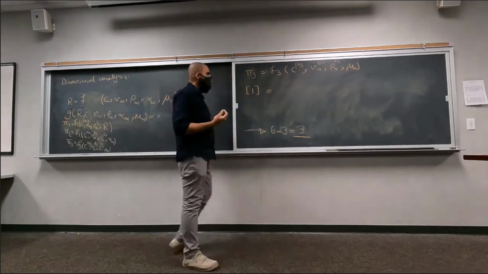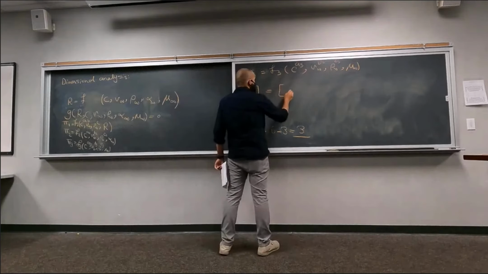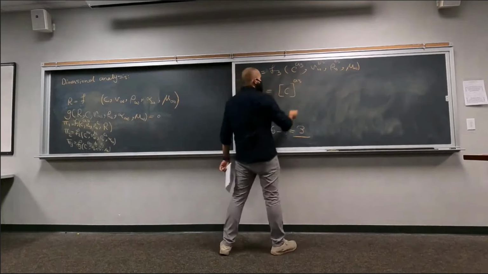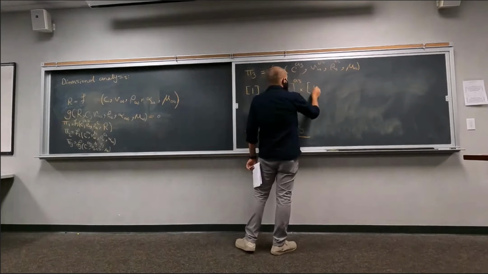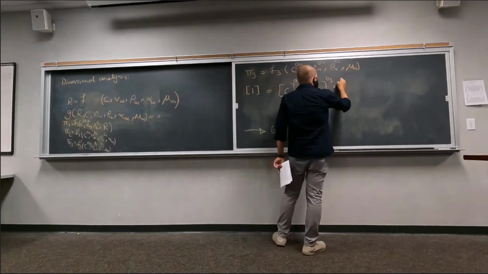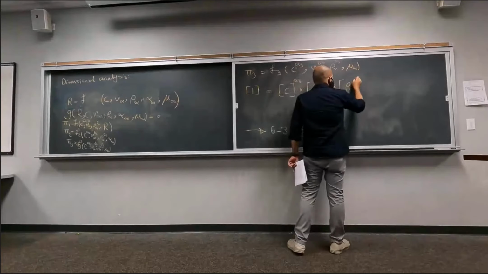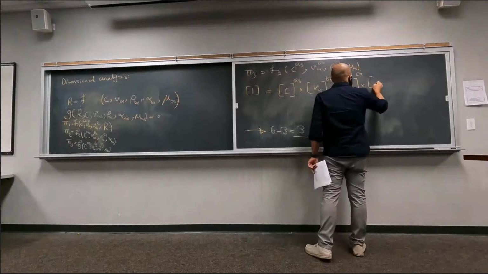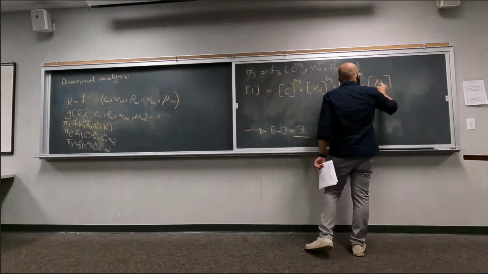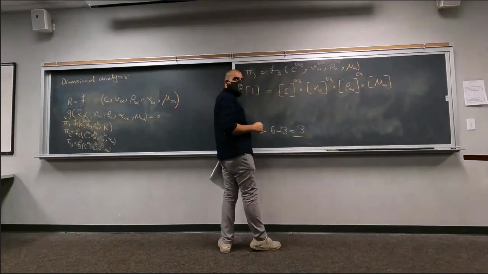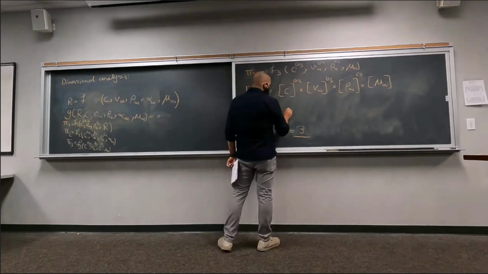What about the dimension of f? Dimension of f will be the dimension of c to the power a3, multiplied by v infinity to the power b3, multiplied by the dimension of rho infinity to the power c3, multiplied by the dimension of mu infinity. Okay, do we know the dimension of c? Meters.